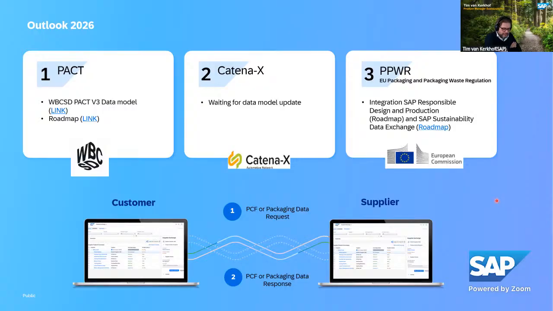So we will expand the ways that we can receive data for buyers and also offer data towards the Catena-X network, which could also create synergies in other platforms. We are also going to expand the data model support on the PCF side. I will leave it a little bit as a secret until we publish the roadmap, but we will expand the number of data models that we support for the PCF use case.